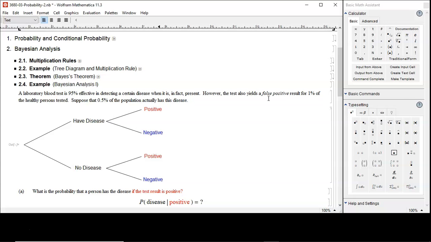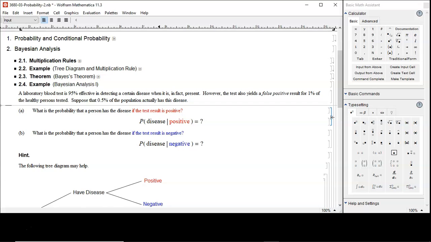So, alright, 1% false positive, no disease yet positive result. So the other 99% will be correctly tested negative, right? You can fill out all those numbers. So 0.5%, 99.5%, 95%, 5%, 1%, 99%.